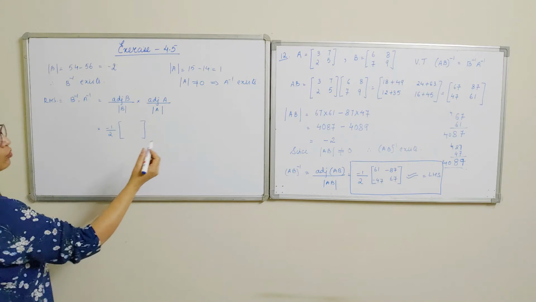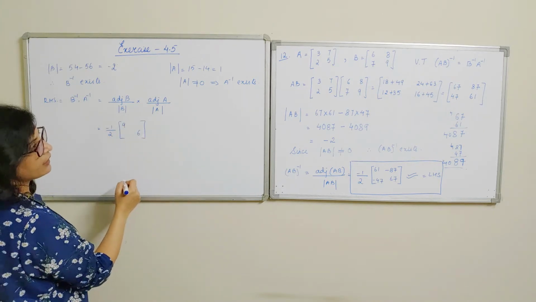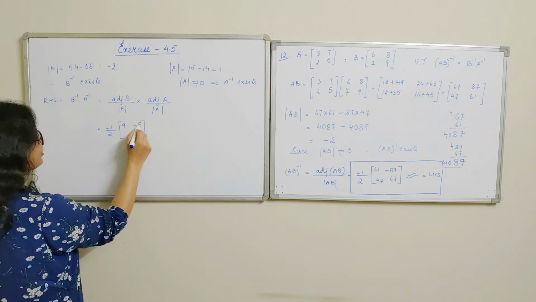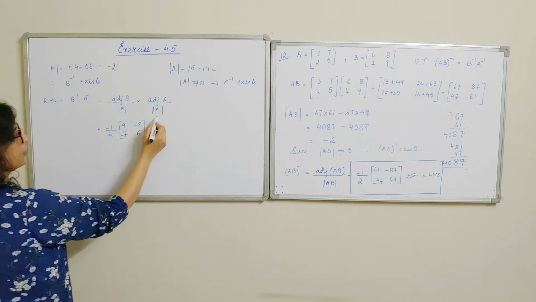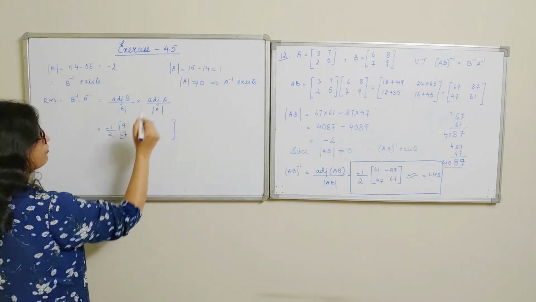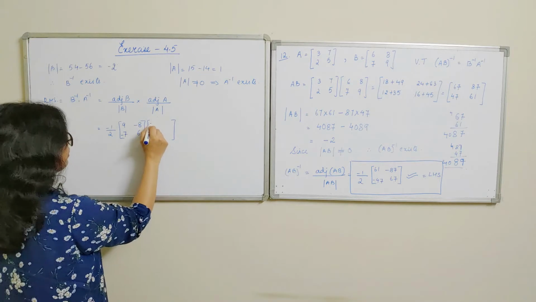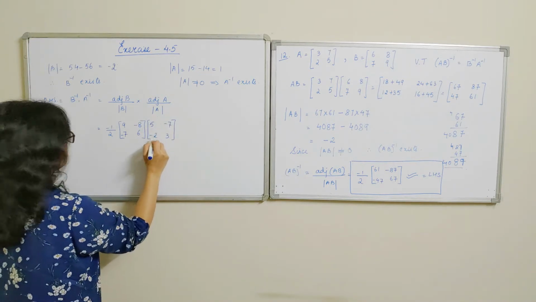Adjoint of B, once again we can find out directly, interchanging diagonal elements and changing signs of the diagonal elements. Determinant A is 1. So directly writing adjoint of this matrix, which is this.